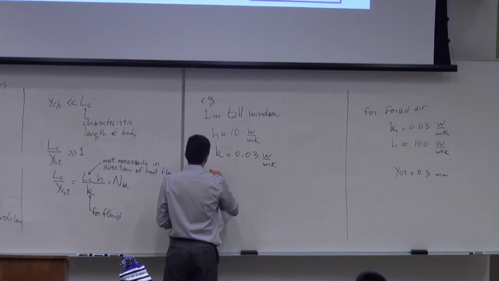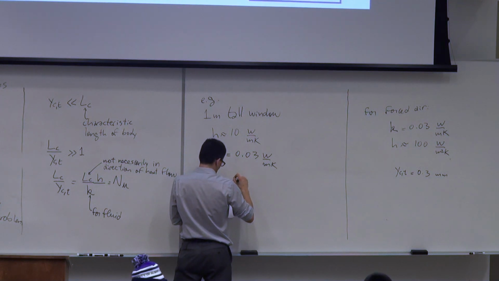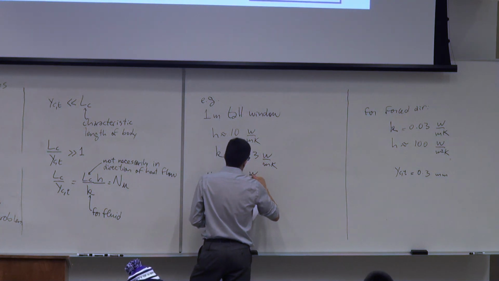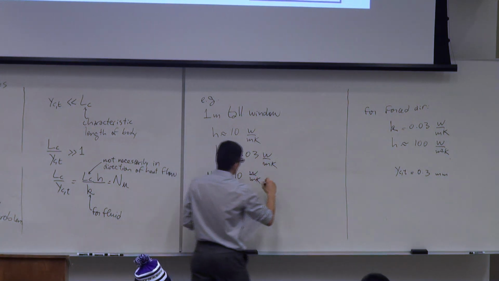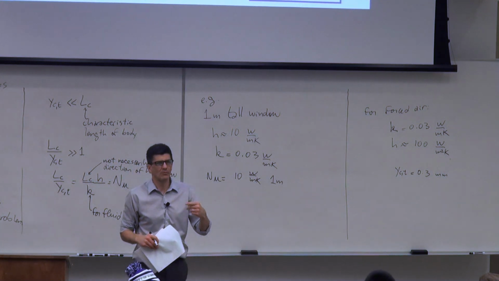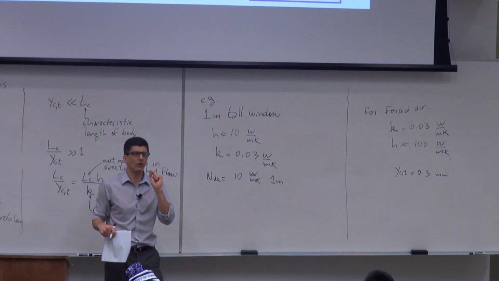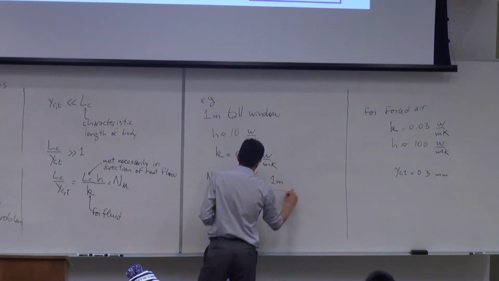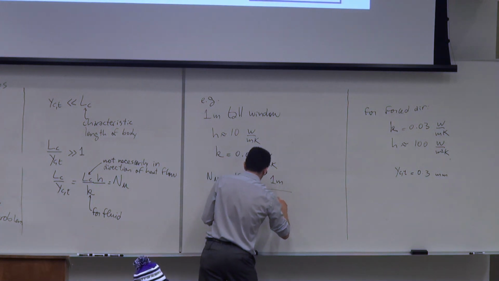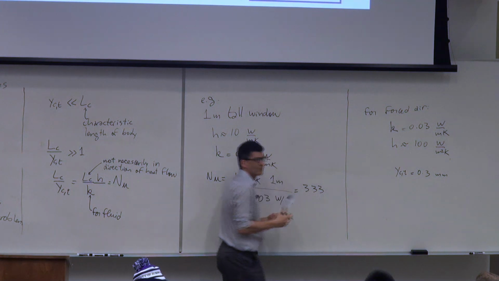So the Nusselt in this case is H, 10 watts per meter squared Kelvin, times L, 1 meter. You see how this is different than before? For the Biot number, the question was how thick is the wall? Now we're asking how tall the wall is. And over K. And this gives us 333.